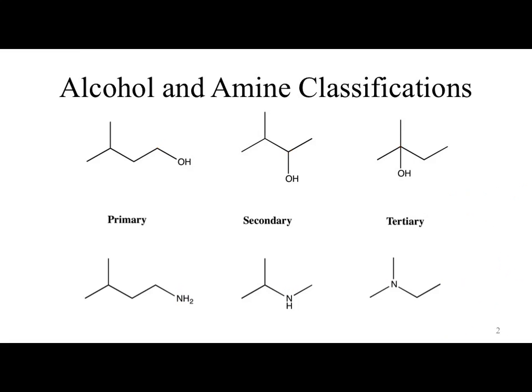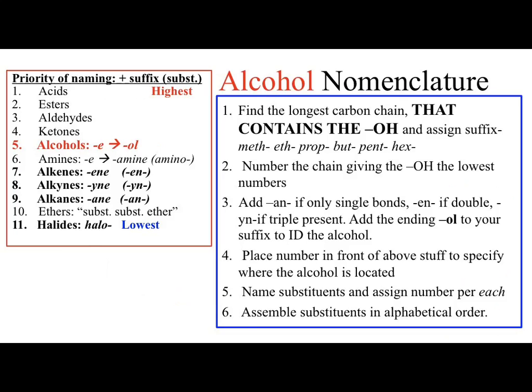Now I'm pretty sure we move into our nomenclature. The next few sequences of slides are very information-packed. You've seen this kind of slide before. I'm pretty sure I went through and edited it this time instead of just doing the copy-paste. So we've got our priority of naming in the right-hand box.